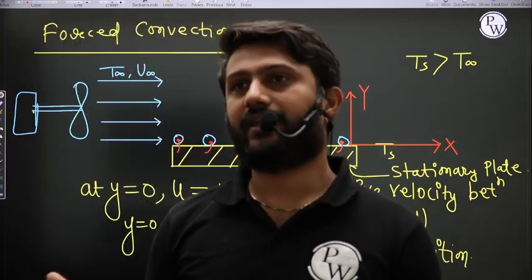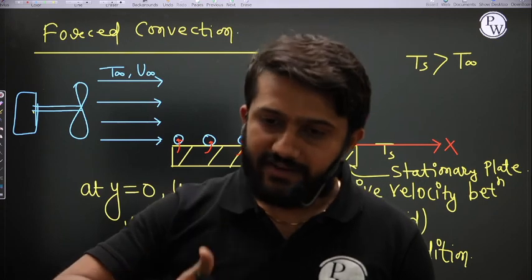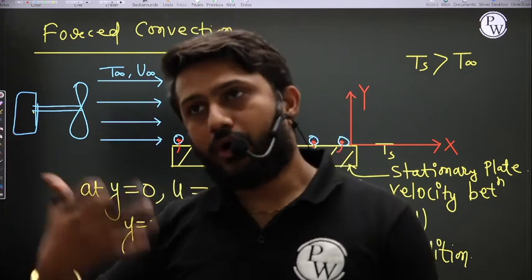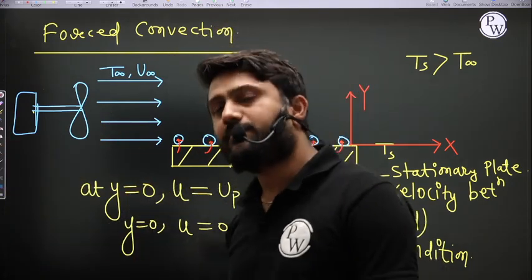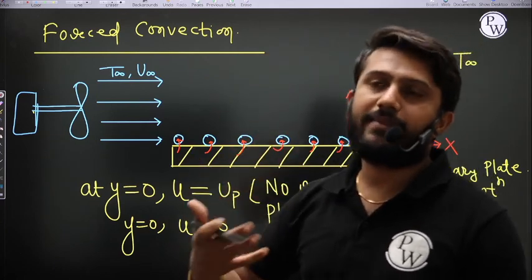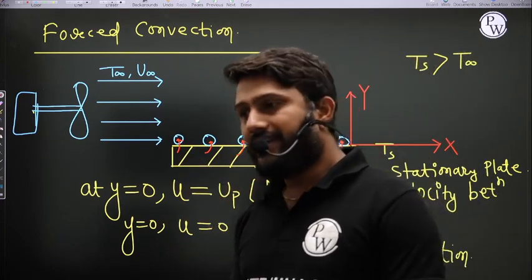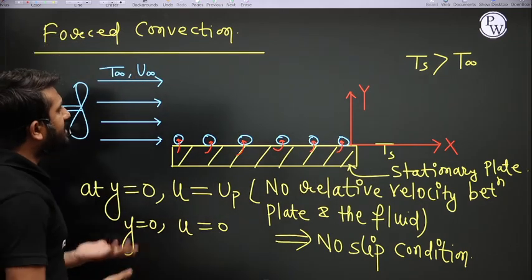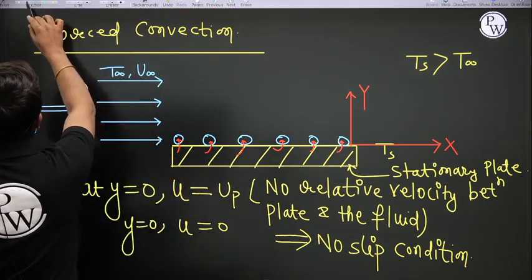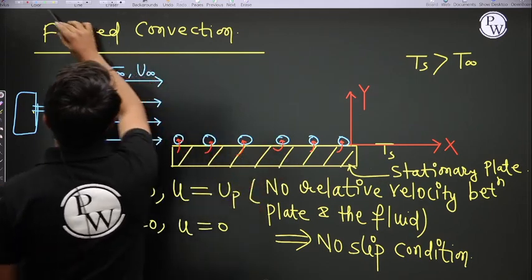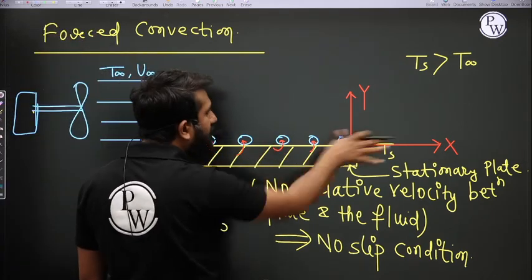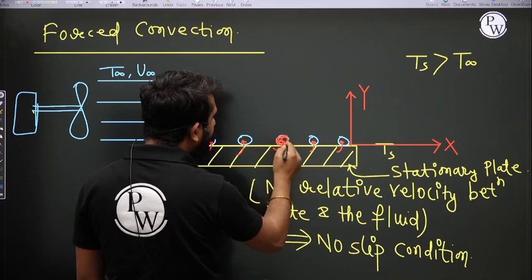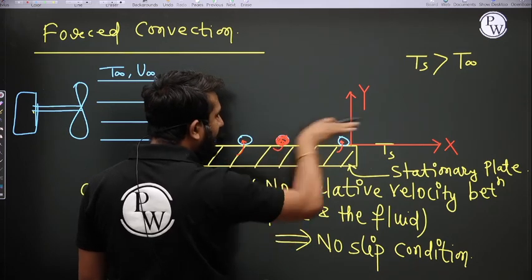In this way, convection heat transfer occurs. So it is conduction plus advection, where the advection is due to some external agent. And what happens in mixed convection? In mixed convection, these particles are also moving forward, in the forward direction.